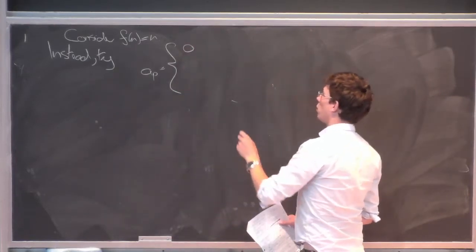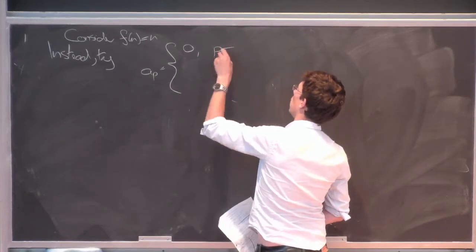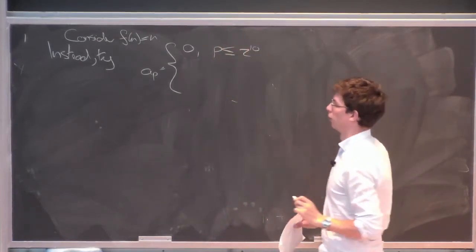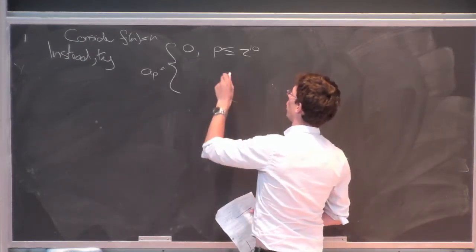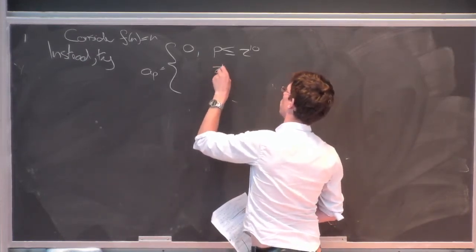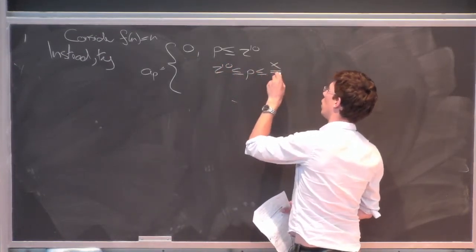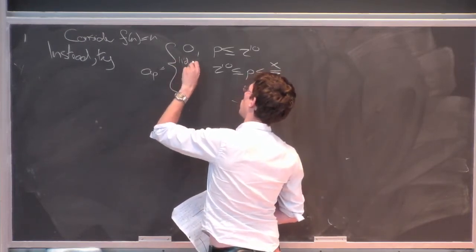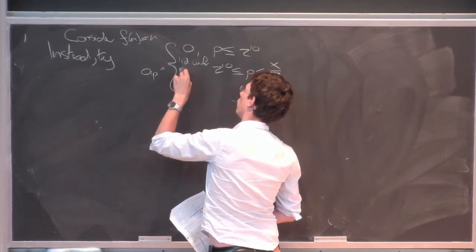Now I'm going to choose AP to be 0 if primes are very small, let's say less than z to the 10, where these are free parameters that I'll choose later. For most primes, let's say for primes between z to the 10 and x over z, I want to just choose them as IID uniform random variables.